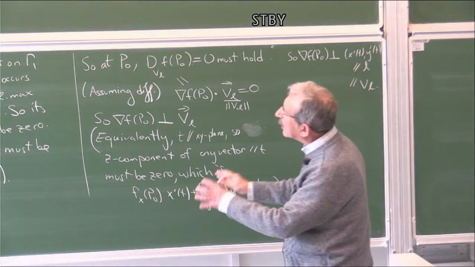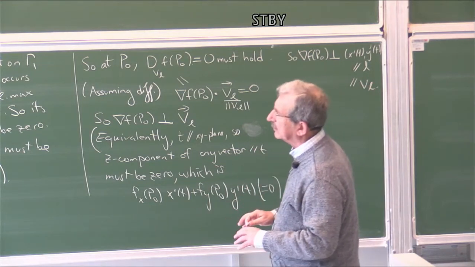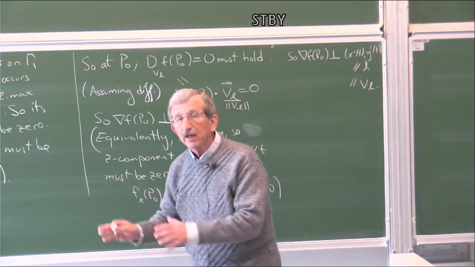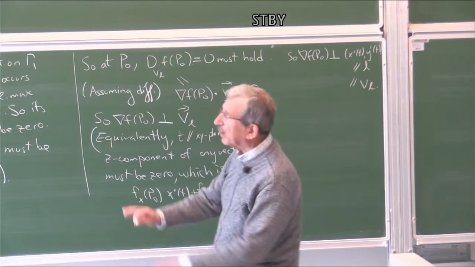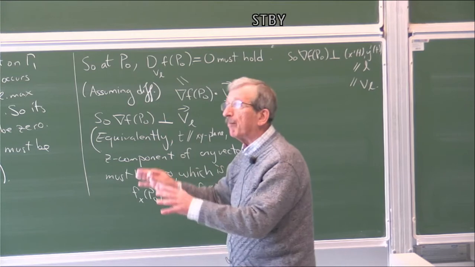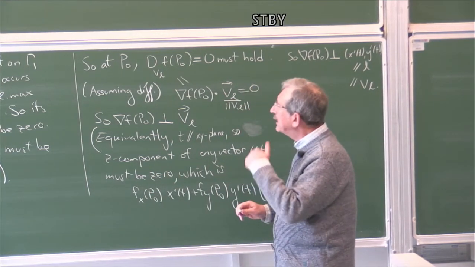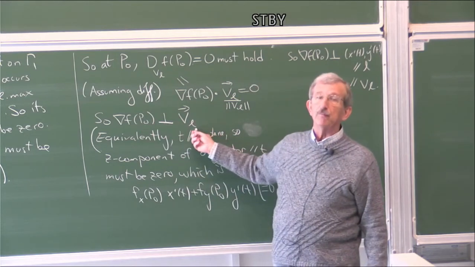So what does this argument say? It says that in general, gradient h is always perpendicular to VL, to the tangent line at the bottom. But if we have a critical point at the top, the z component should be 0, which means that gradient f is also perpendicular to VL.